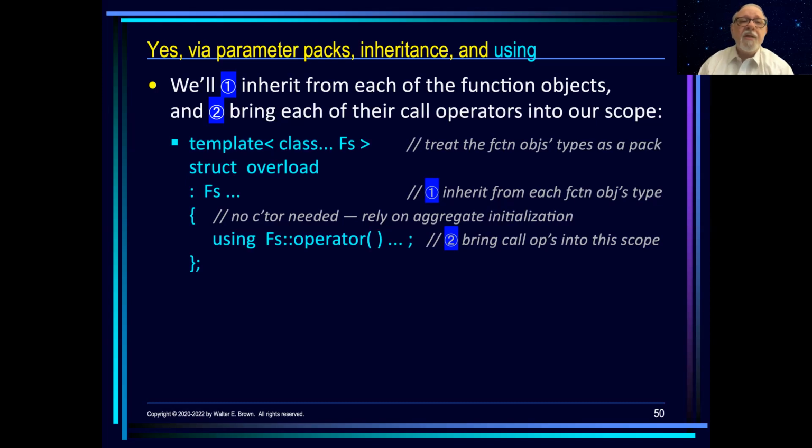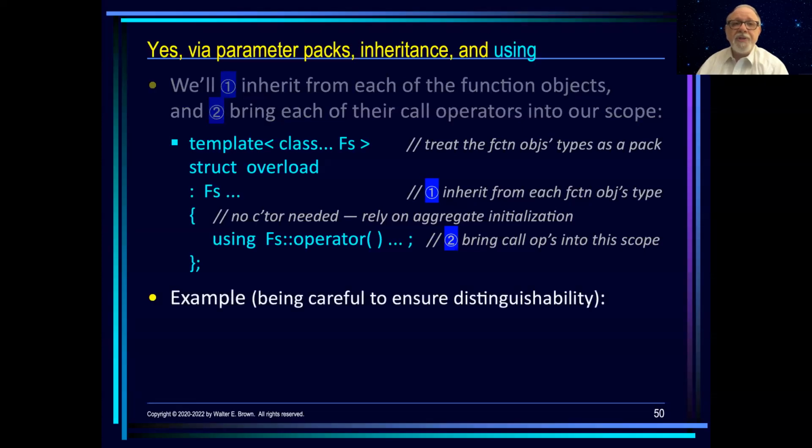We declare a template, and the template parameters are the types of our function objects. We'll treat them as a pack. And we're going to inherit from those. And then we're going to bring all of their operator parens into our scope. And we're done.